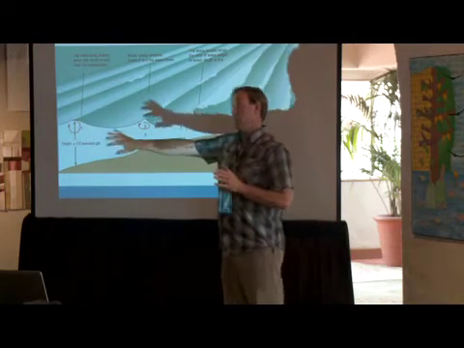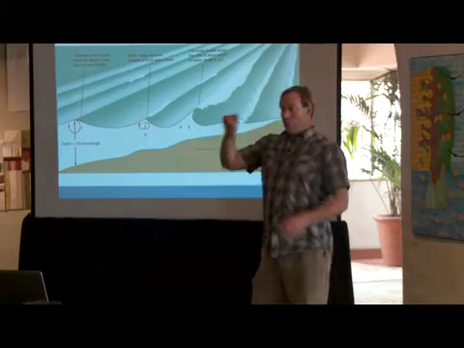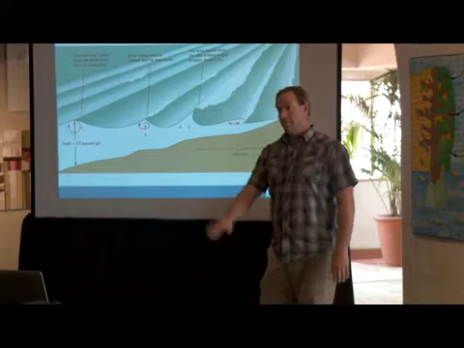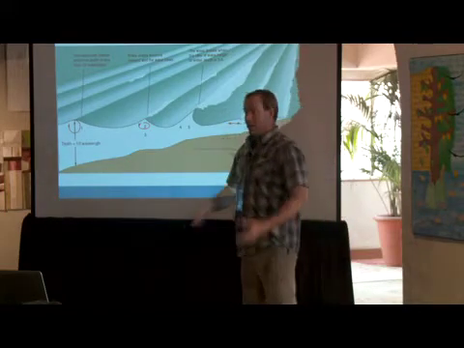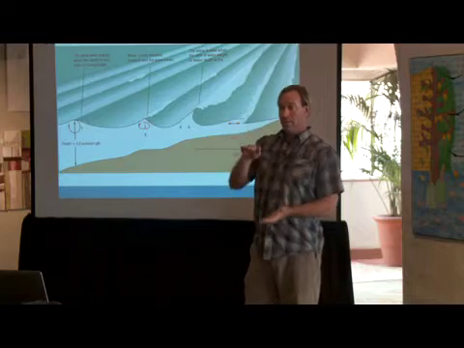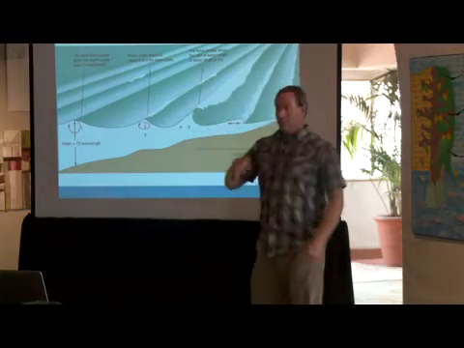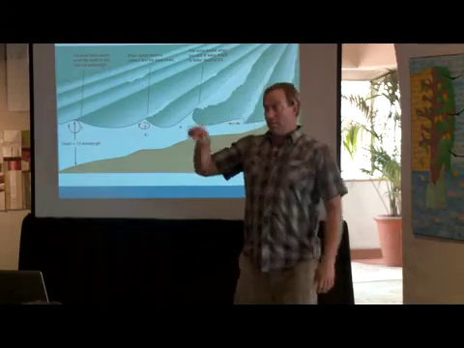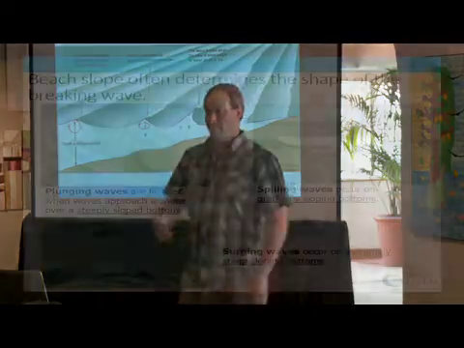So it's transmitting the energy. As it gets closer to shore, those orbitals are stacked up based on how big the wave height is. When it starts to encounter the bottom, those orbits compress and the wave starts to stand up. As you get closer, until basically the wave moves faster than the orbits can move, it breaks.